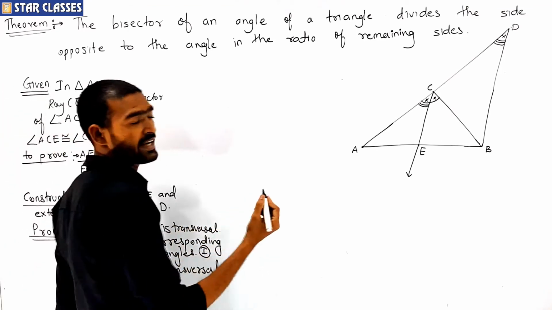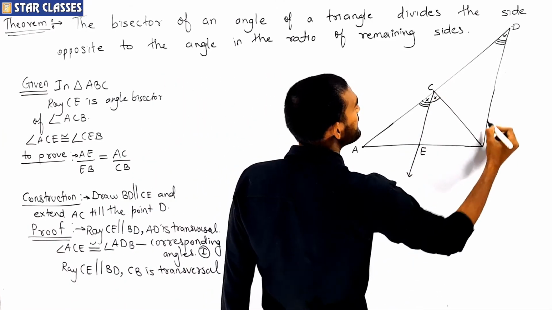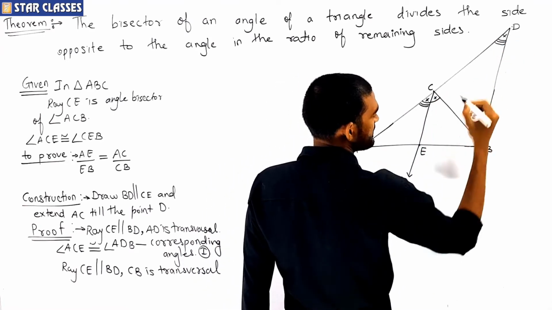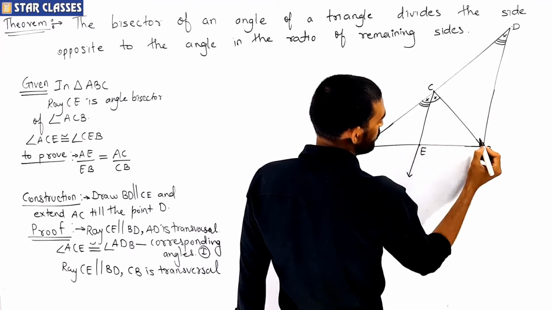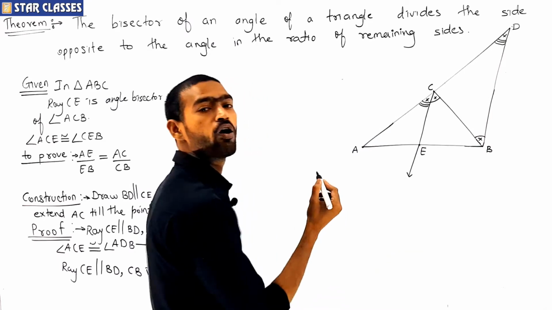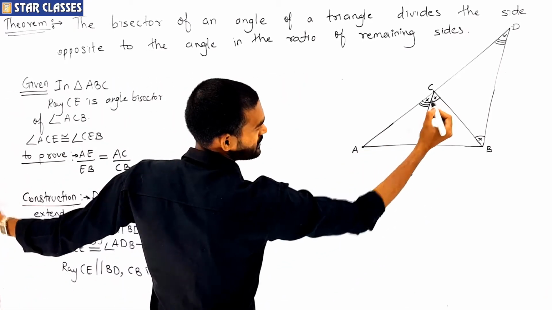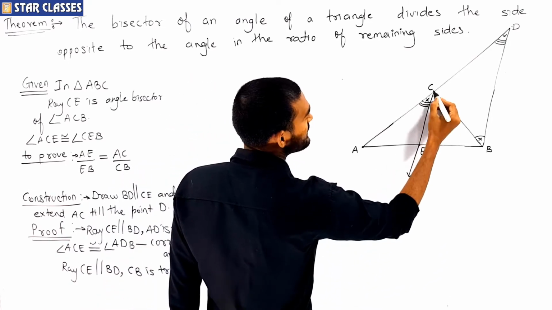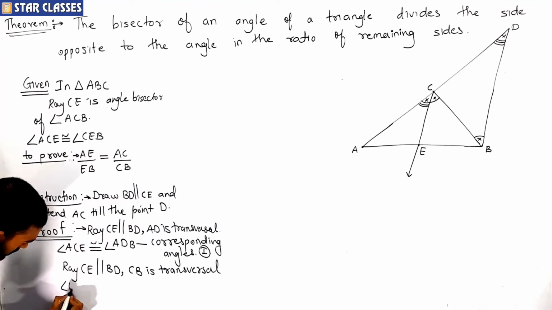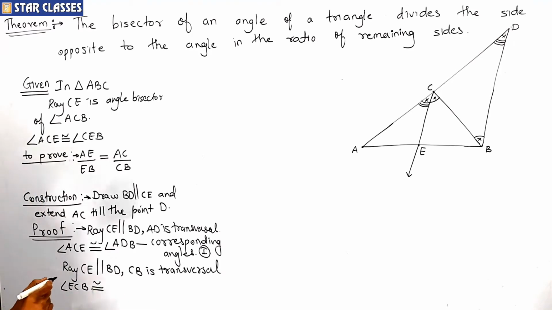Now, which angle we are getting? Look, E, C, B, D. Am I getting any alphabet? Yes. We are getting this Z. So Z will give me which angle? Z will give me alternate angles. So my angle name is, look, first I'll mark this angle, angle ECB. Angle ECB is congruent to whom?